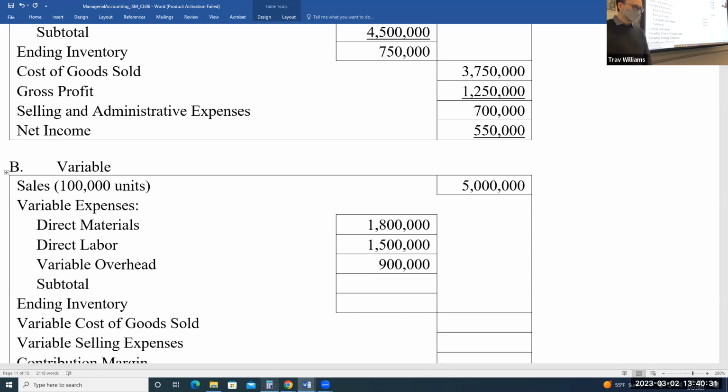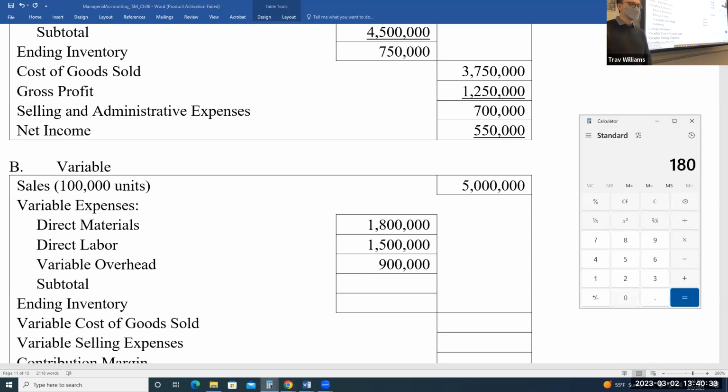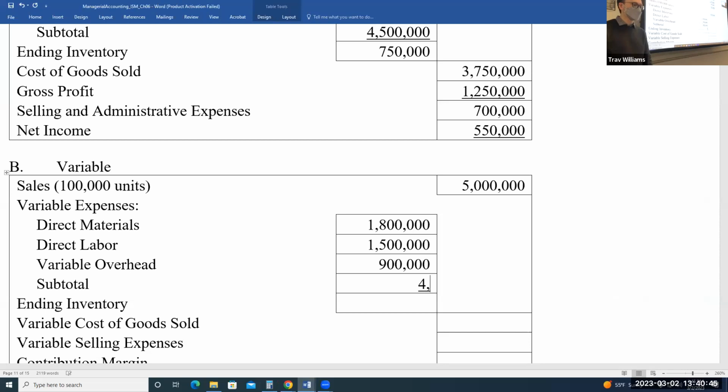So just looking at the variable costs, if we add those up, the variable manufacturing costs, we get $4,200,000, which makes sense because we did not include the $300,000 of fixed manufacturing overhead. And then could we use the same approach to convert that into cost of goods sold?